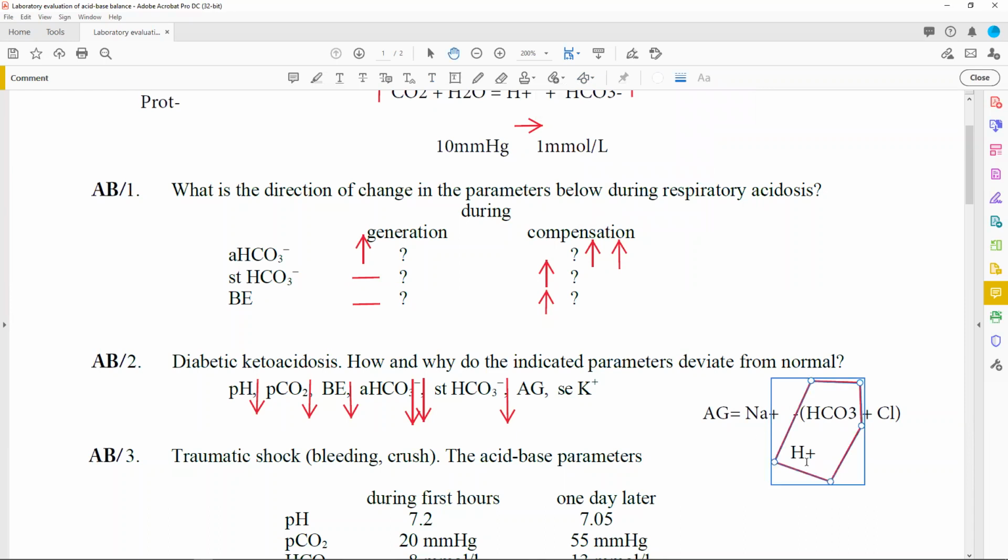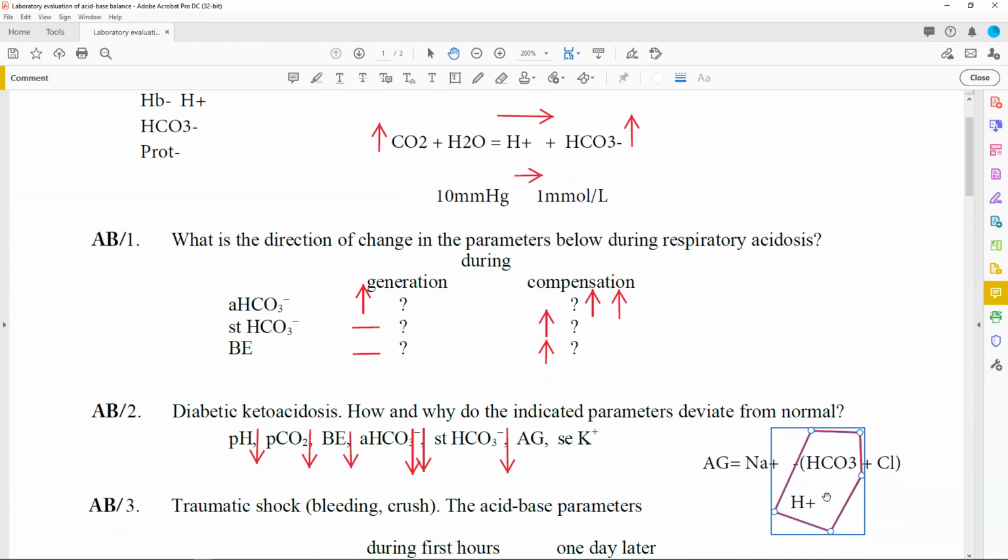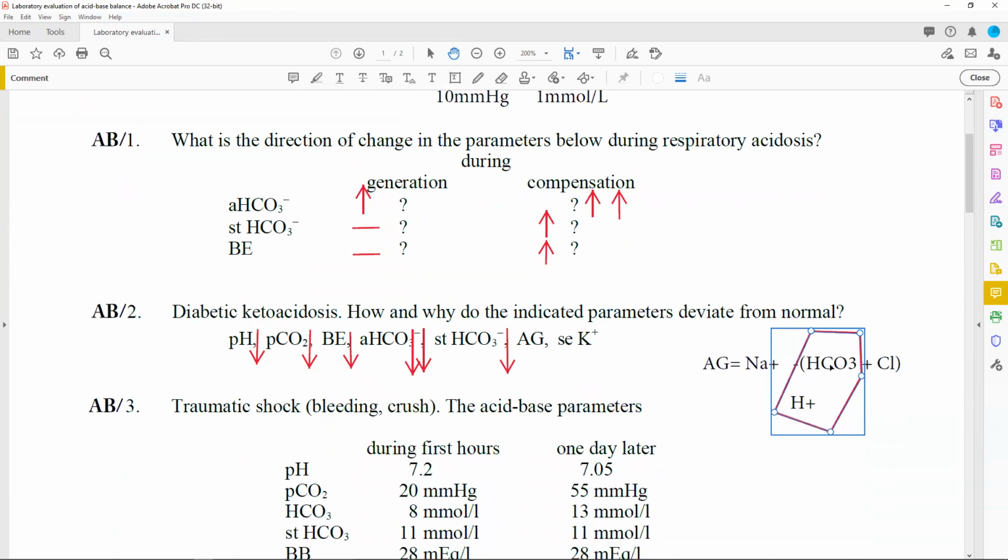So the acid increased, making water, and the water dissociated backward to CO2 and the other situation, all right? So this way we have less bicarbonate, and because we are subtracting less bicarbonate from the system, this is why the anion gap will increase, okay?